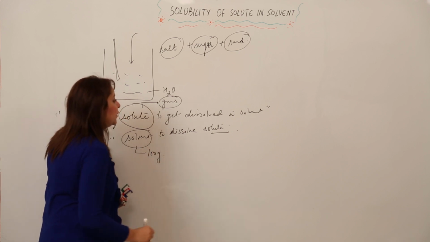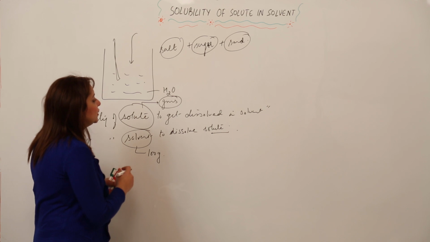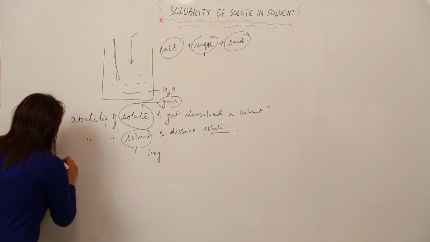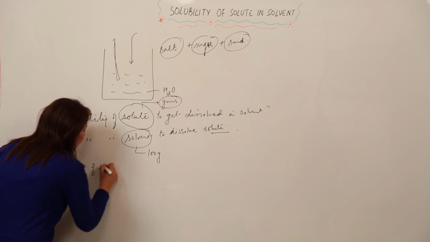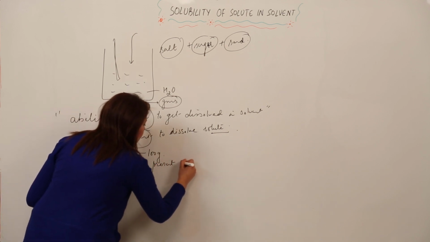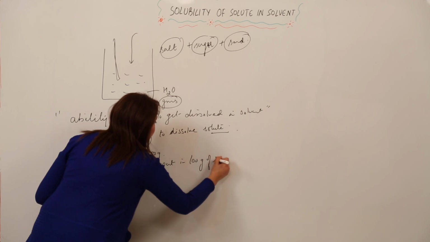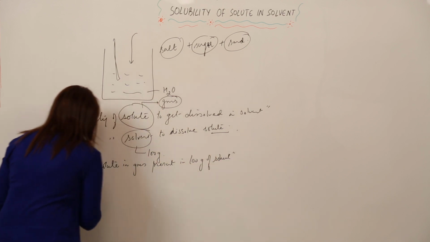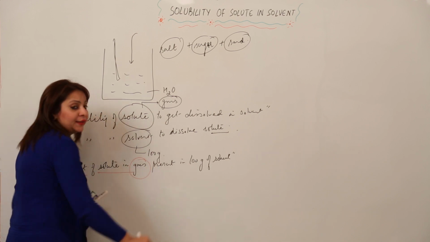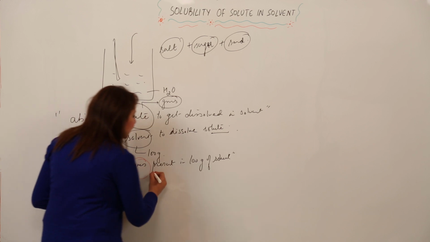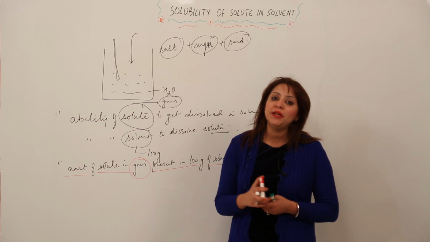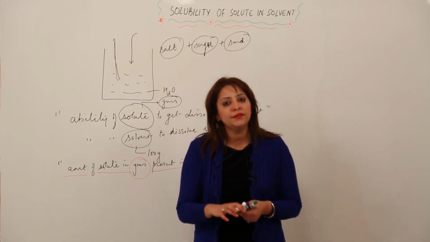So I can manipulate the definition of solubility in a better way: it is the amount of solute in grams present in 100 grams of solvent. The unit used is grams. This will indicate the solubility of any solute in a given solvent.